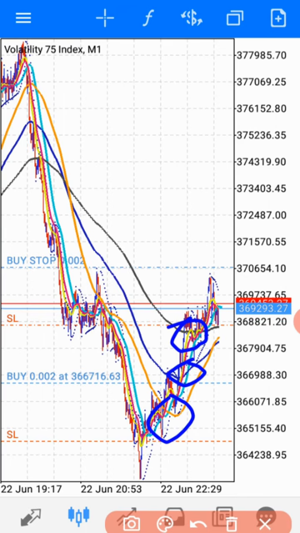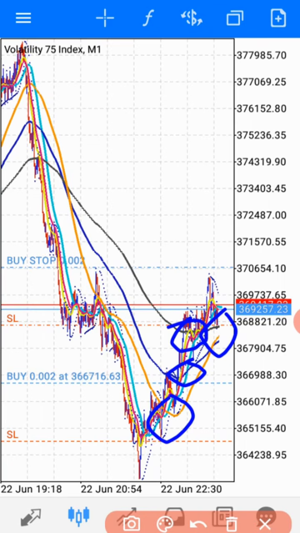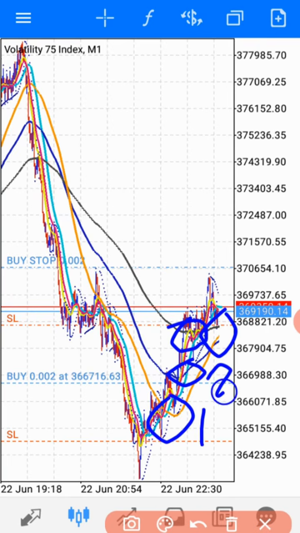Once we see that the brand has already crossed the black, we take our fourth entry. Those are the 4 entries we are using. Then after our fourth entry, we watch what is happening. First, second, third and fourth.